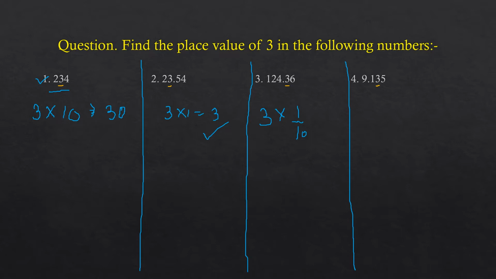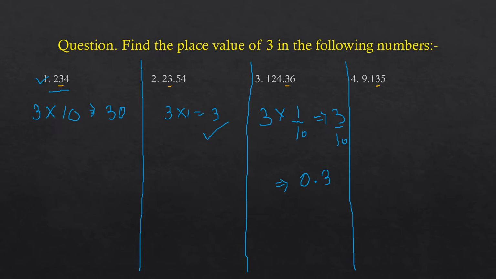So the place value of 3 in this number will be 3 by 10, or if you want to change it into decimal, then this will give you 0.3. Both are the same, right? So the place value of 3 in 124.36 is 0.3.